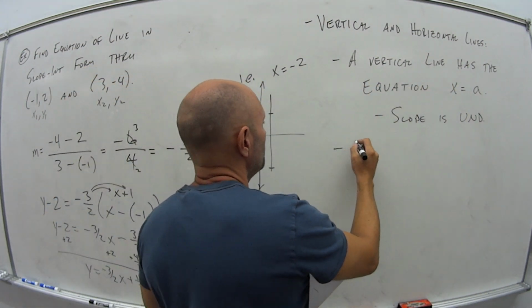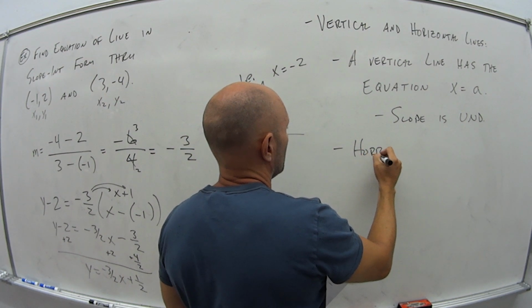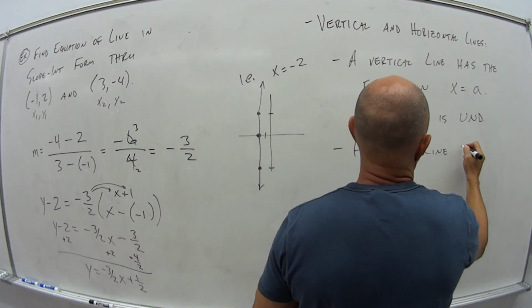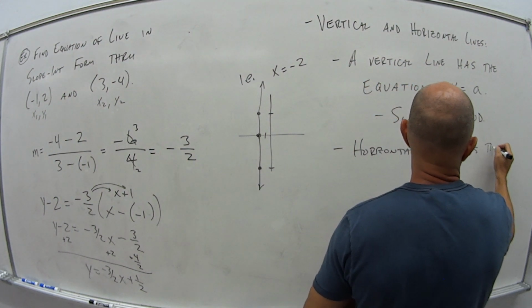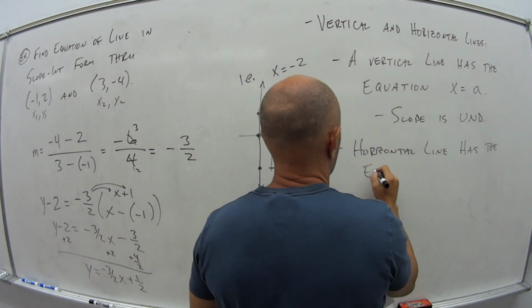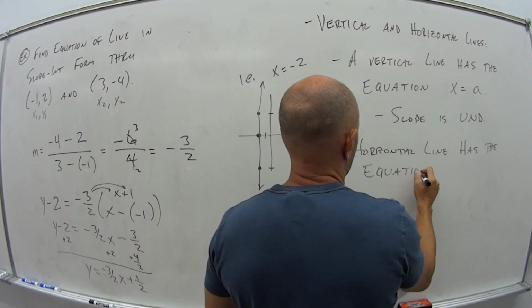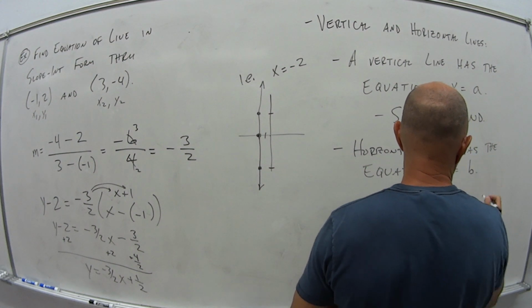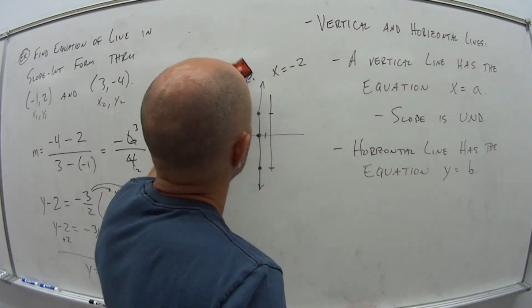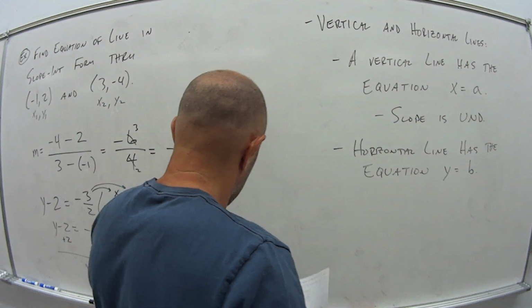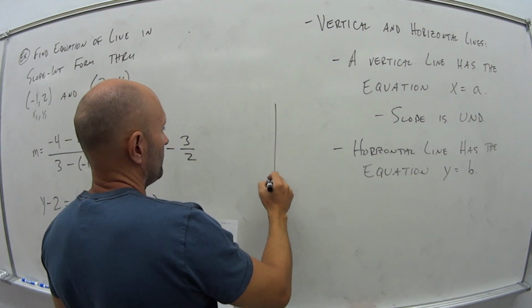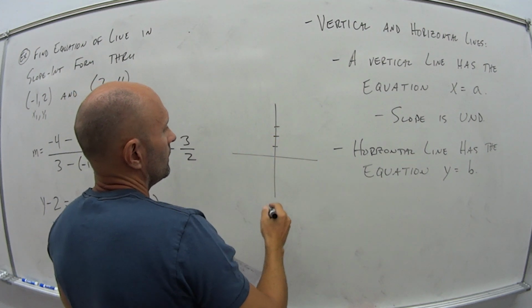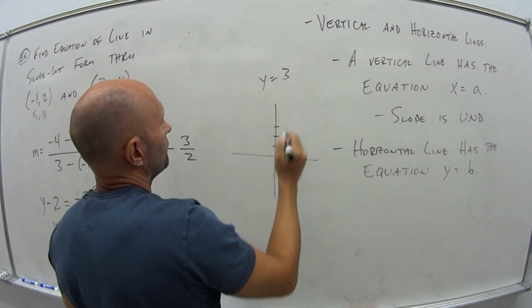A horizontal line has the equation y equals b. So now let's say I have y equals positive 3.